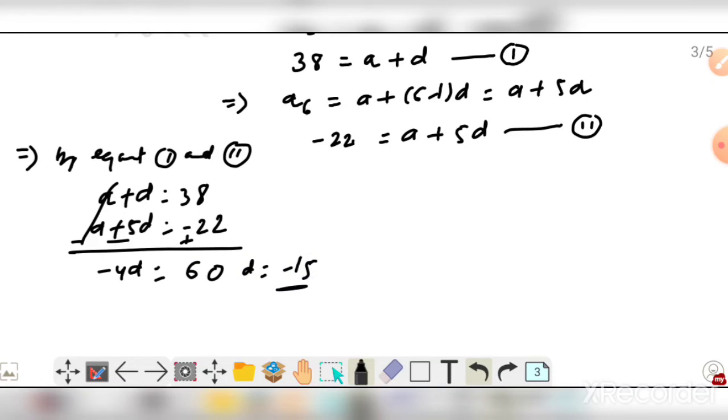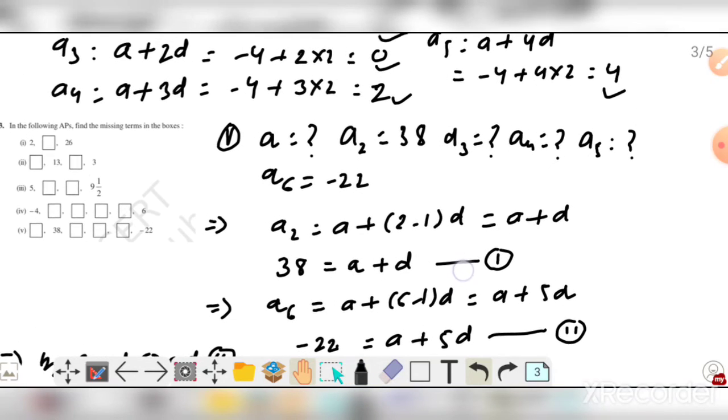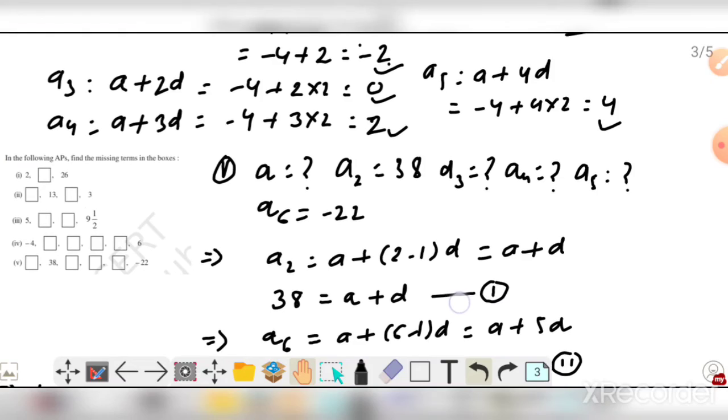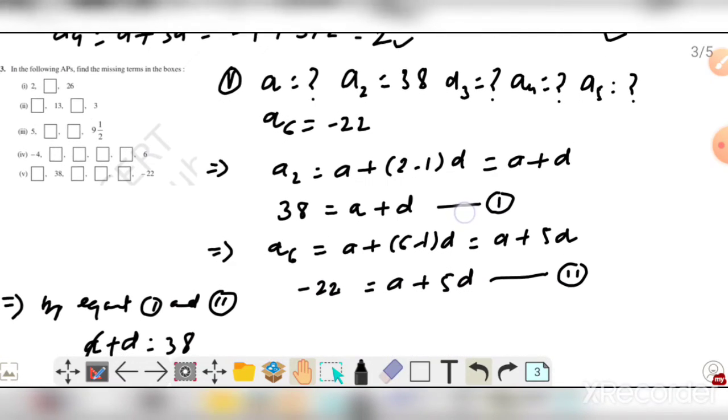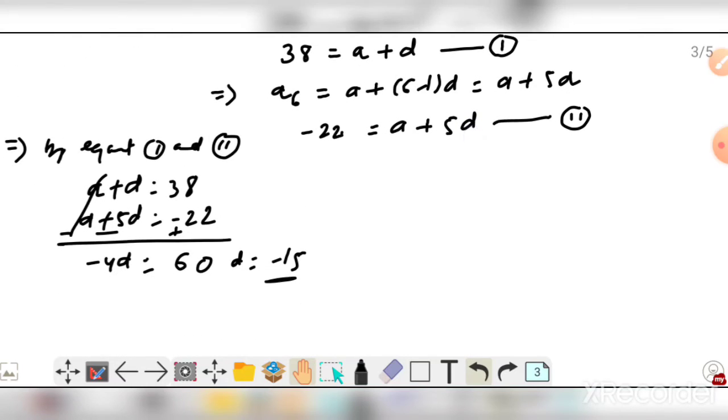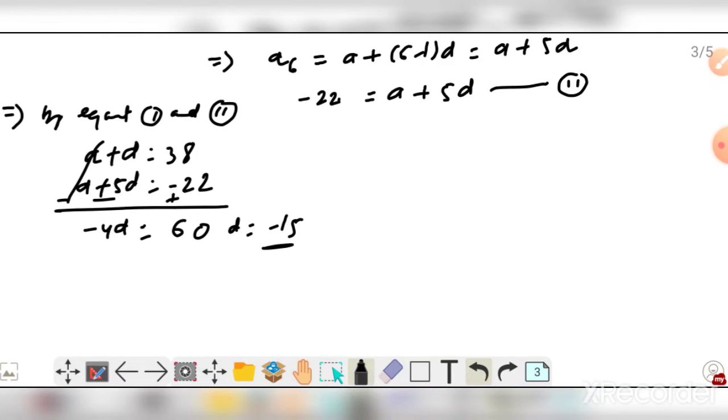Now we got the D. So what we have to find out? We have to find out A, means A1, A3, A4 and A5. Okay, so we will find out A. This we can write as A2 minus D. A1 is A, so A2 minus D, A2 is given.